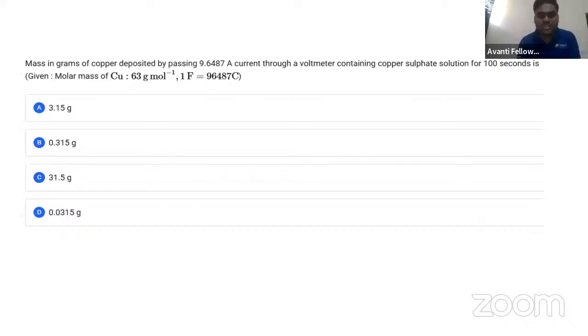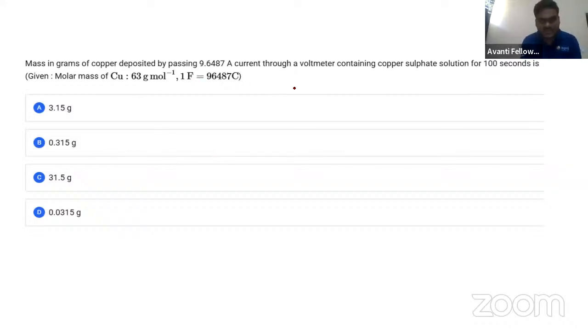Now, the next question is also on the Faraday law, right? They are asking the mass in gram of copper deposited by passing 9.6487 ampere current through a voltameter containing copper sulfate solution for 100 seconds. So what is given, beta?